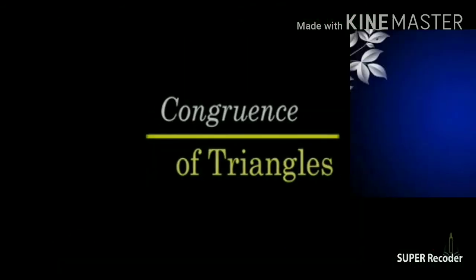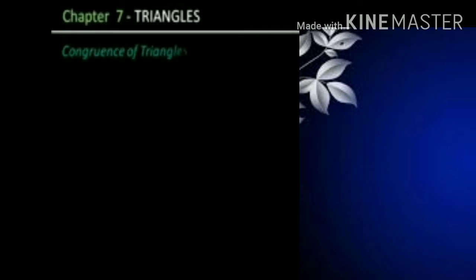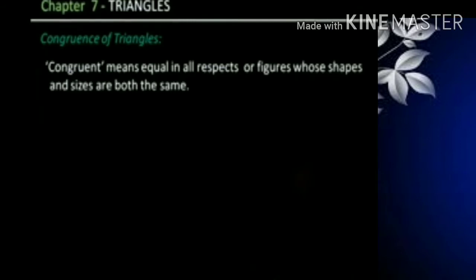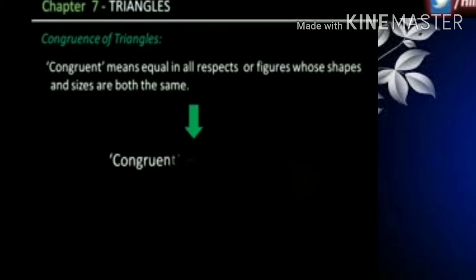Let us move on to the congruence of triangles. Now, what do you mean by congruence of triangles? Congruent means equal in all respects. If we consider two triangles, congruent means equal in all respects, figures whose shapes and sizes are both the same.